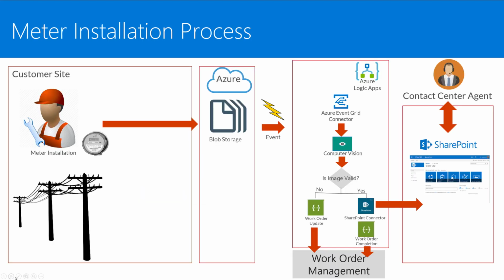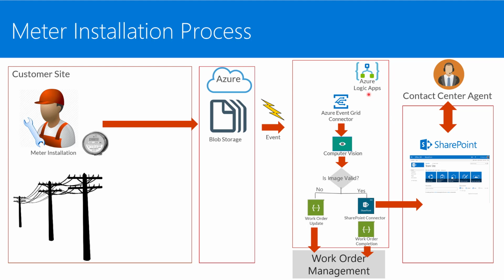And really what's changed here is in the areas of work order updates and work order completions. So this is our work order management solution, and what we're going to do in this process is use the HTTP plus Swagger connector to consume these web APIs that belong to the work order management solution.